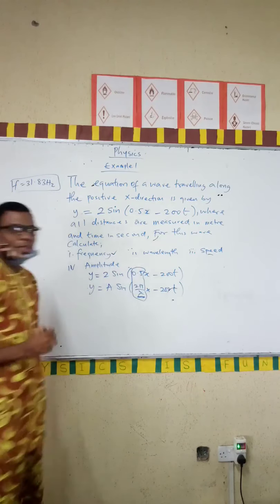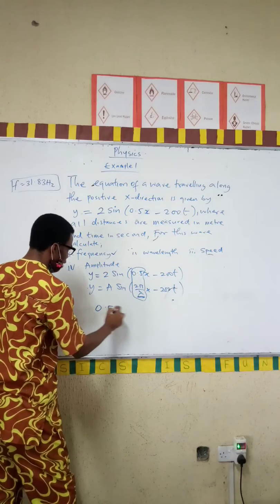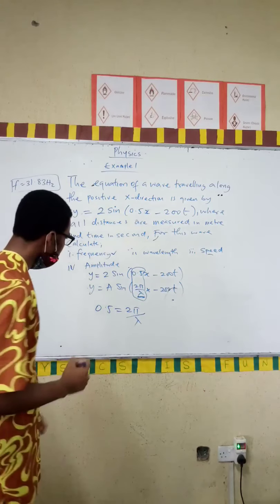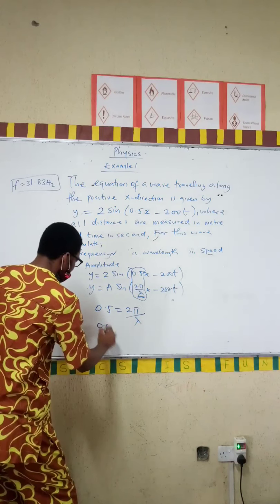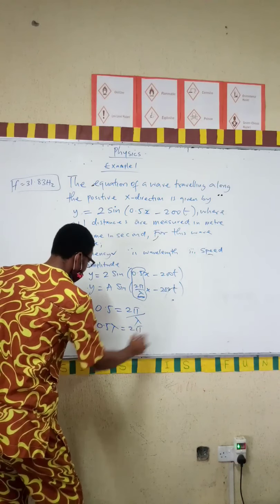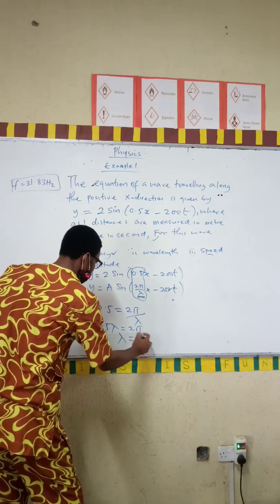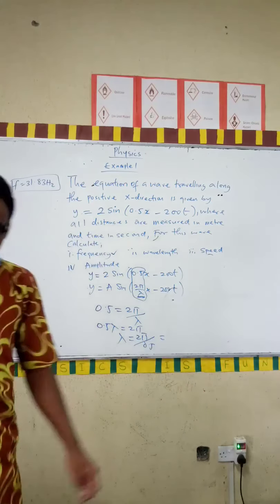Okay, so I have 0.5 equals 2 pi over lambda. So if you do that, you have 0.5 lambda equals 2 pi. Therefore, lambda is 2 pi over 0.5. You know that pi is 3.142.